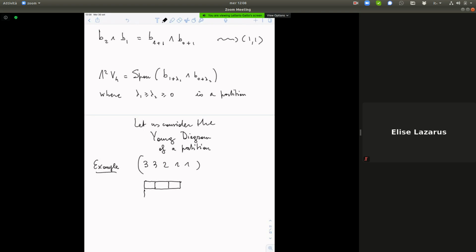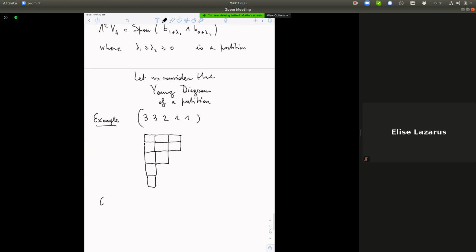And we put 3 boxes downstairs, and then 2 boxes after the 3, and then 1 box. Is it difficult, this? Who is thinking that this is difficult? Let's see the partition 2, 1. 2, 1 is just this. And there are people that just confuse partition with the Young diagram. And what is this?